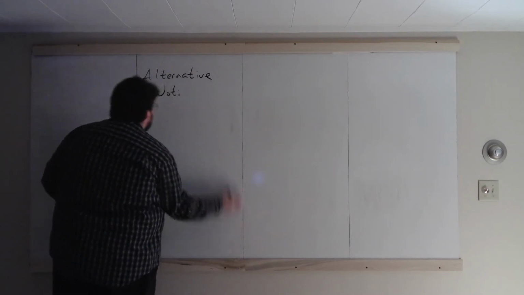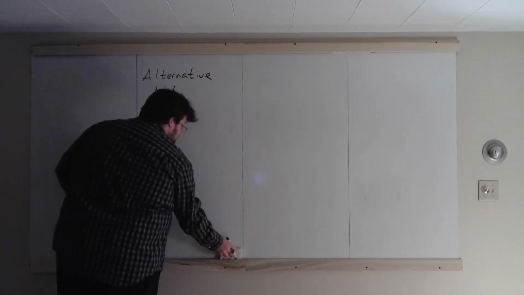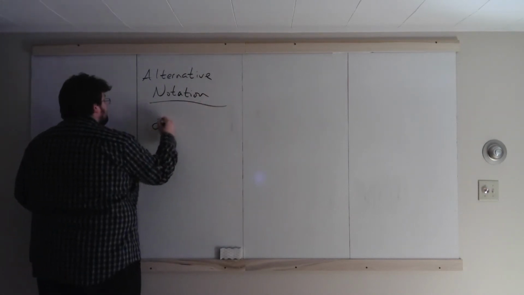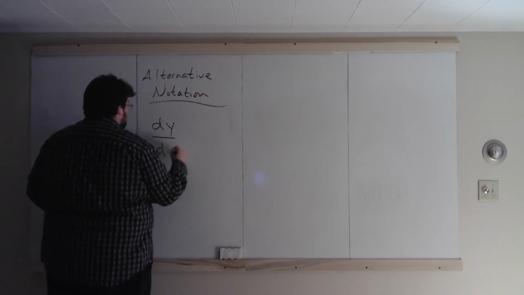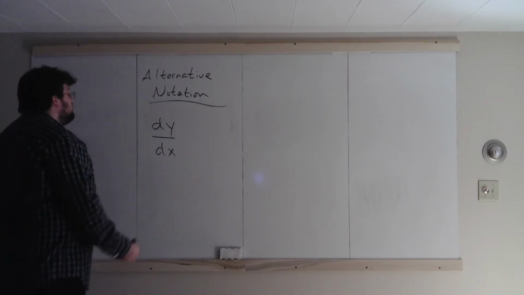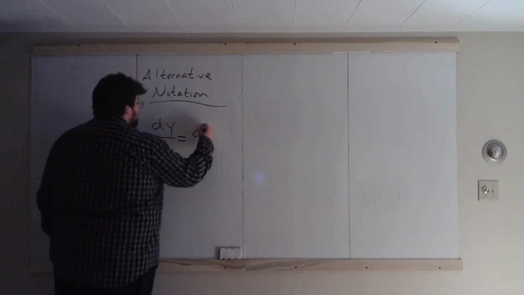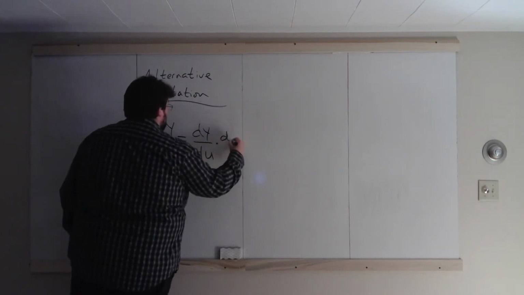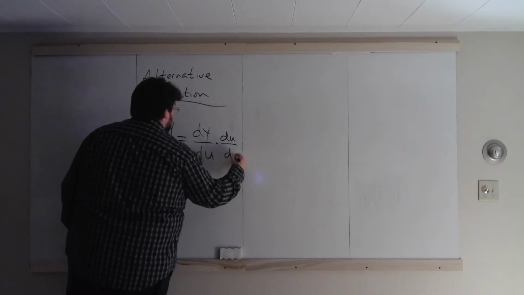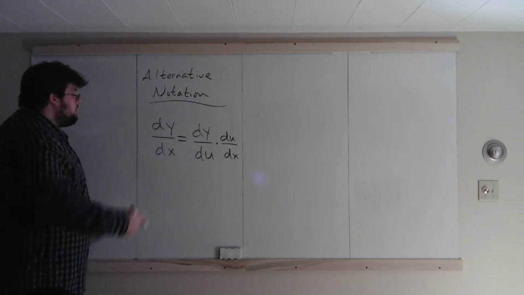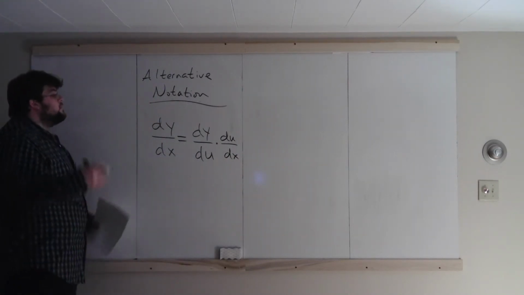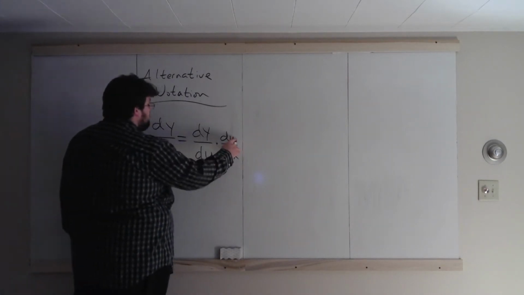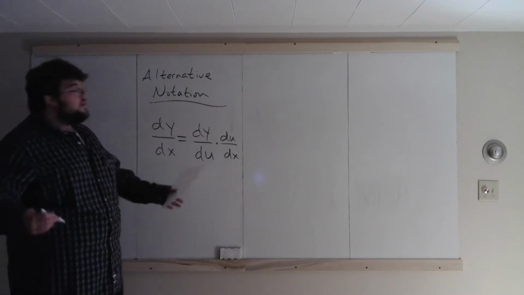The chain rule says that given y equals f of x, the derivative of y with respect to x, introducing the variable u, is the derivative of y with respect to this new variable u times the derivative of u with respect to x. So in particular, we're introducing u as a function of x. And we'll see an example of this in a moment.